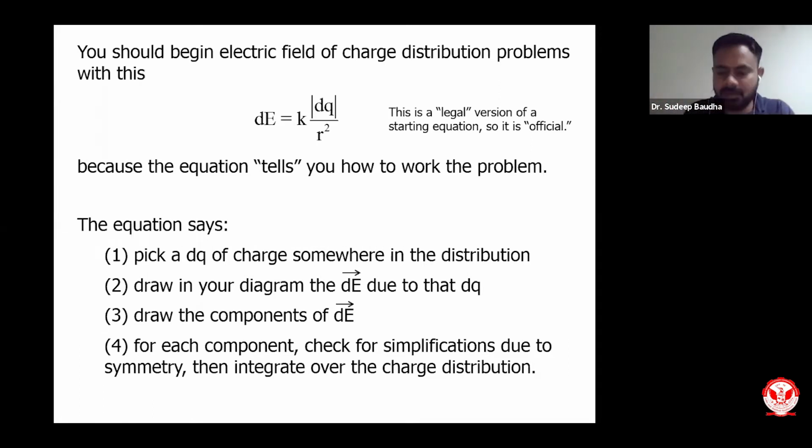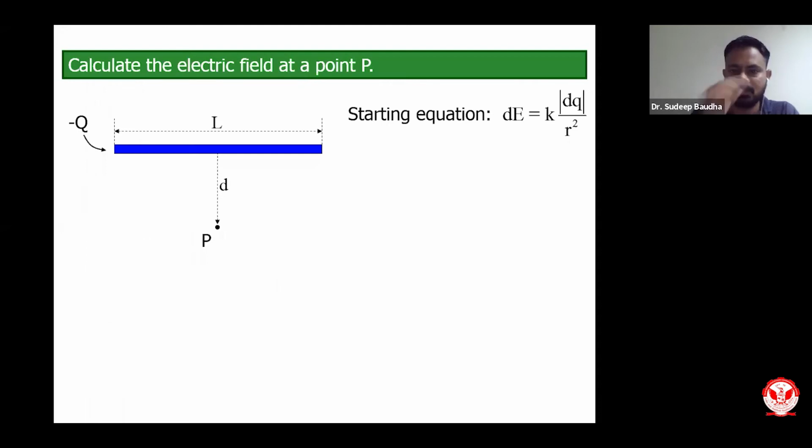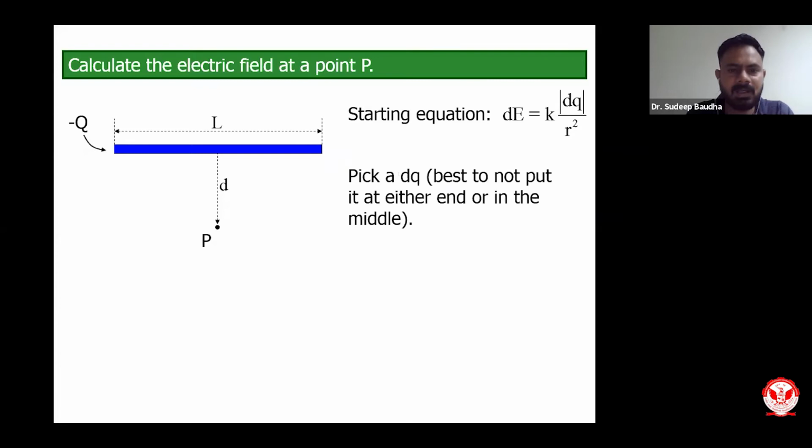Let us try to solve it step by step, and let's see what will be the electric field at that point P. So again, we will start with our starting equation. As you can see, the starting equation in this case is dE equals K dQ upon R square. So the first step is to locate a small amount of dQ over that particular line.